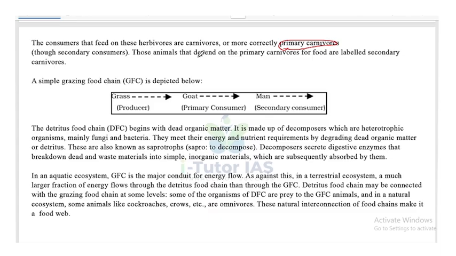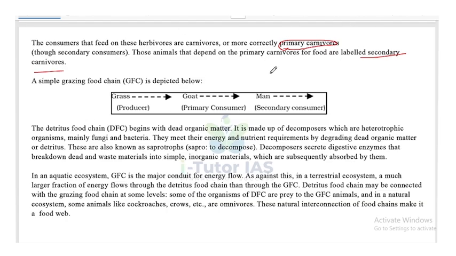Those animals that depend on primary carnivores for their food are labeled as secondary carnivores. So these primary carnivores are secondary consumers, while secondary carnivores are tertiary consumers. Just don't get confused with these words.